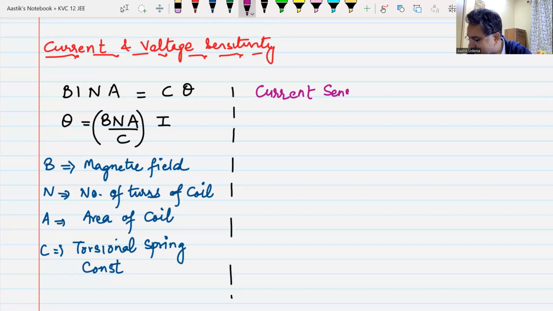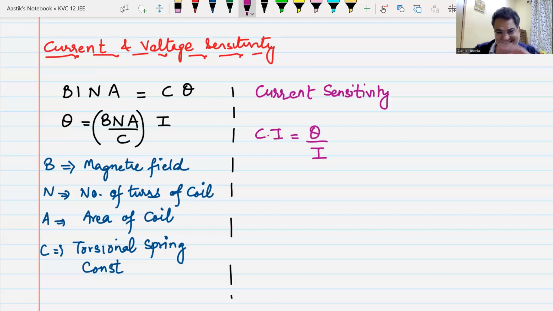The current sensitivity of a galvanometer, if I call it CI, is nothing but theta per unit current, deflection per unit current.